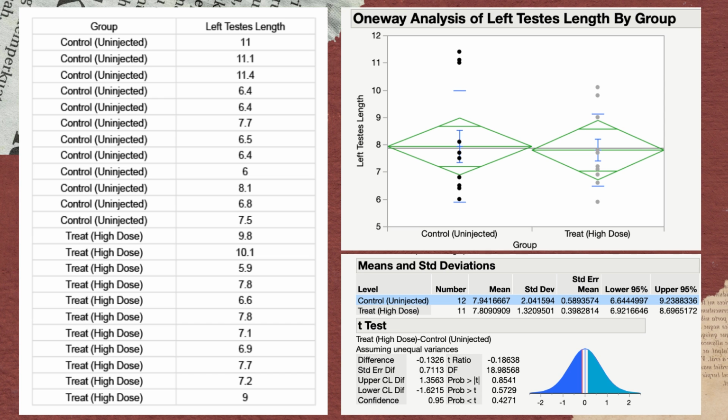I have the uninjected frogs as my control group, as I can control them by not adding anything to them. And then the other group that I chose was the treatment, the high dose of the pesticide for the injections. On the right side of this presentation, you will see that they are almost overlapping. And then I will get into the results in just a moment.